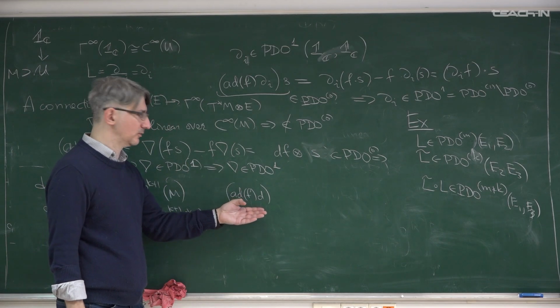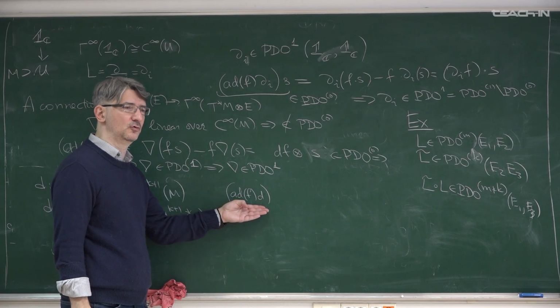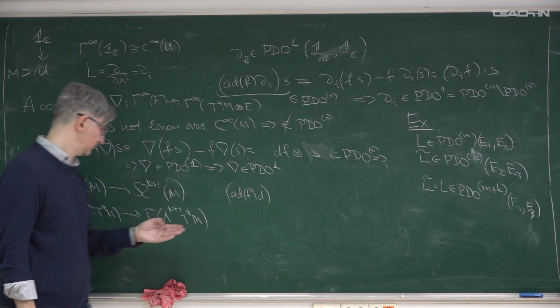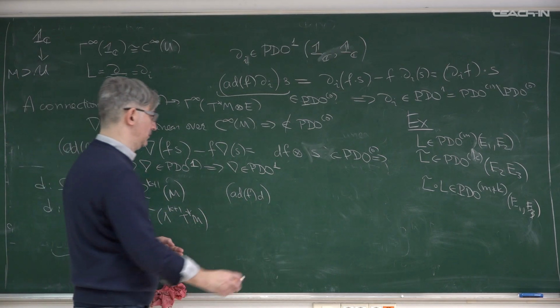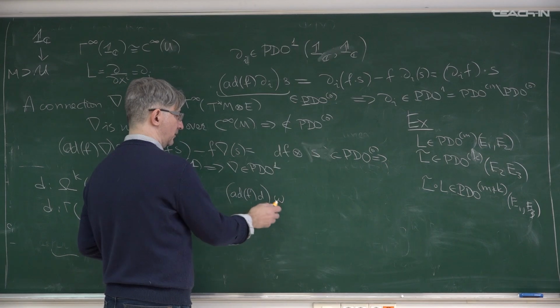Now I need to understand what this thing does with a section. A section is a differential form. Let us apply this to a differential form omega.